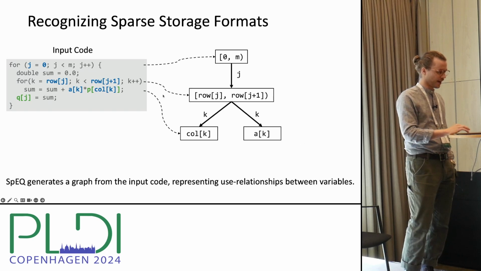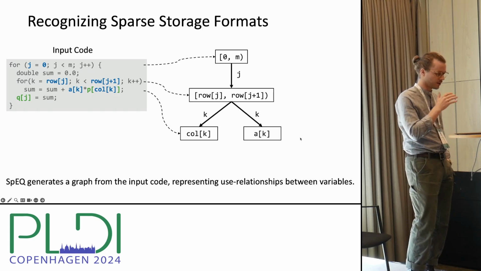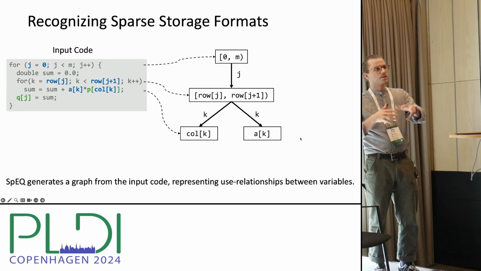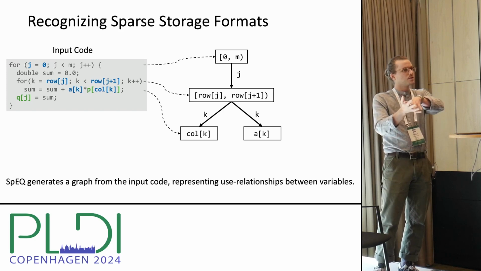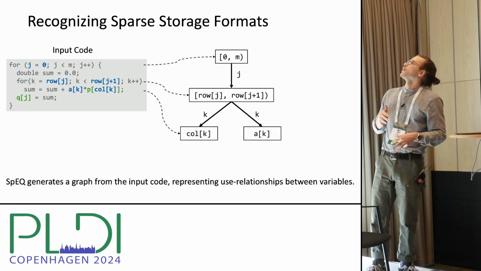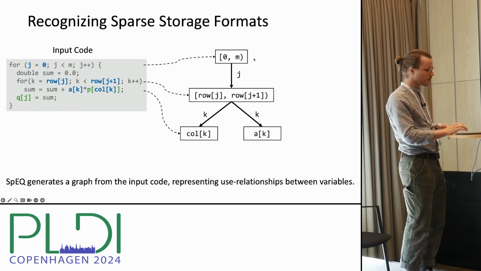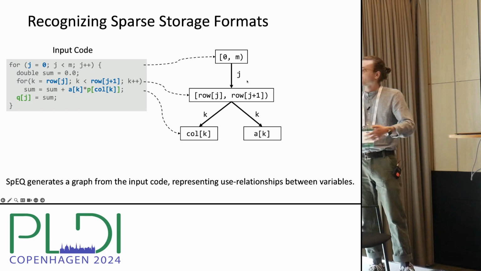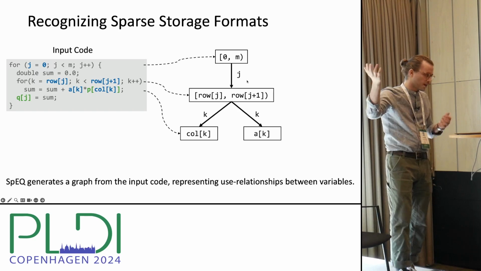It's not totally accurate, there's more detail hidden underneath. But this is a graph to represent the relationship between definitions of variables in the program and the usages between them. For example, we have some J induction variable, and it has a range, in this case, from 0 to m.